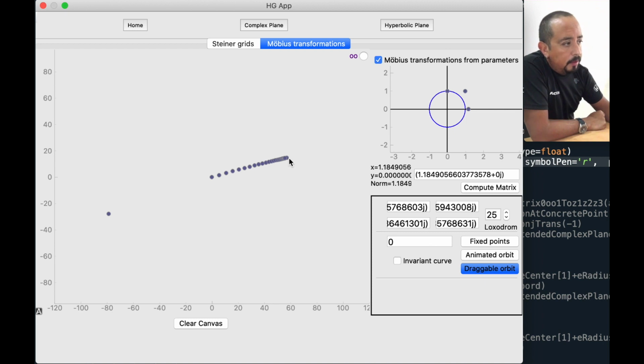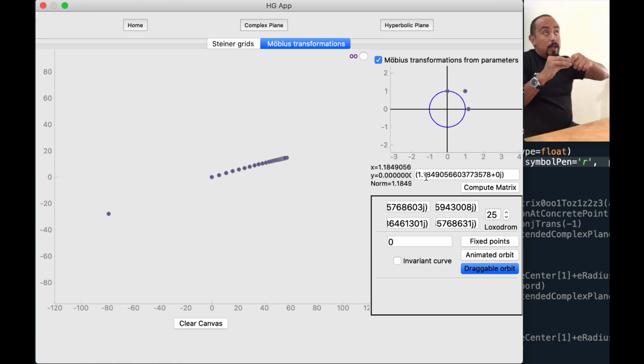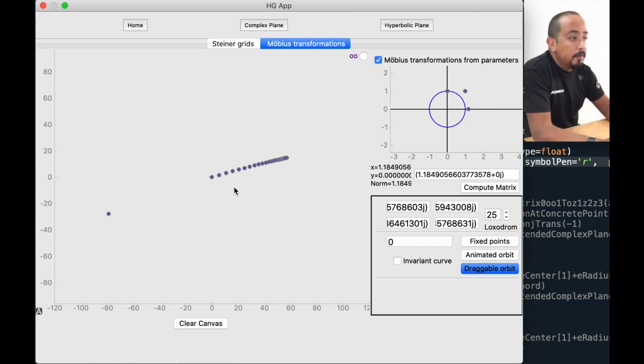And since my complex number was greater than 1, that means that after conjugating, things get away from 0 and get closer to infinity. So this is why this one gets away from this point, which represents 0, and gets closer to the other fixed point, which represents infinity.